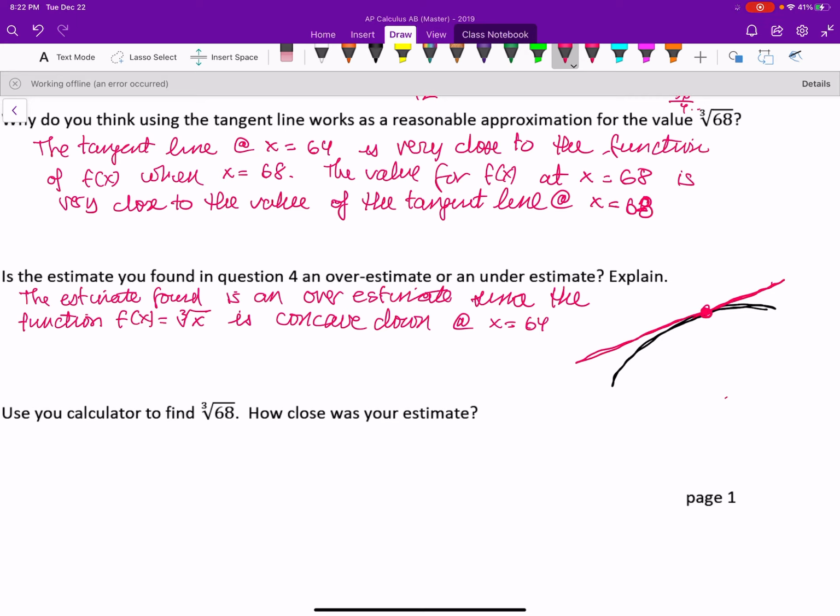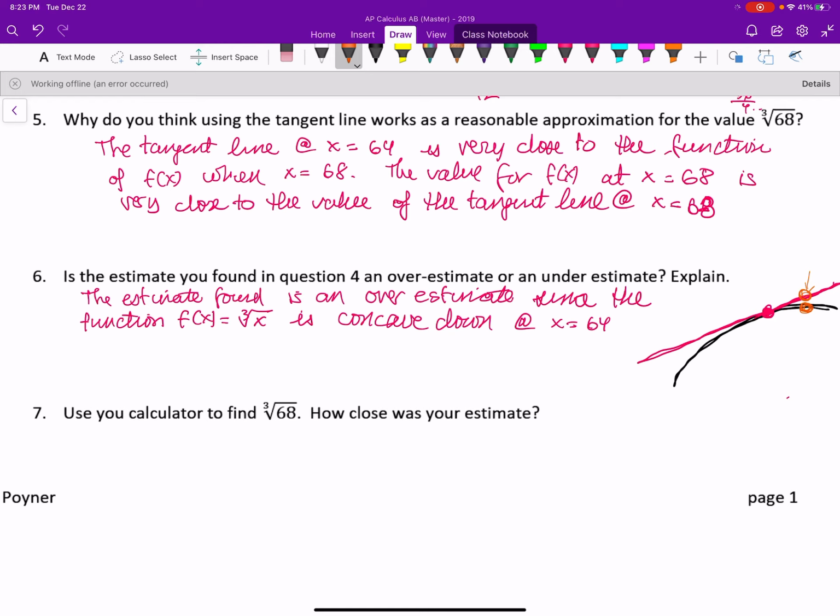So the entire tangent line is above the actual function at all of the points except at 64. So that means if I'm using this point right here to estimate for that point there, the value that I actually found is slightly bigger than the actual value, right?